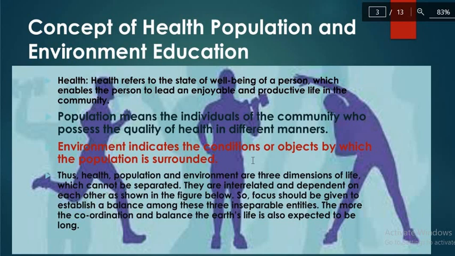I would like to make you clear about the concept. What do you understand, or what do you already have in your mind, the thought about health, population, and environment?